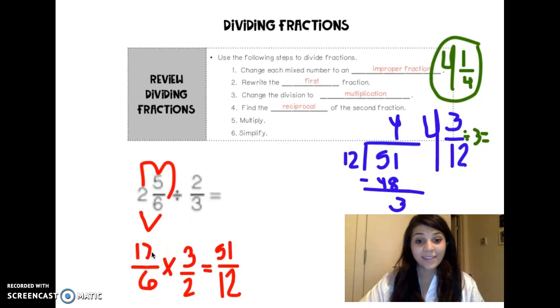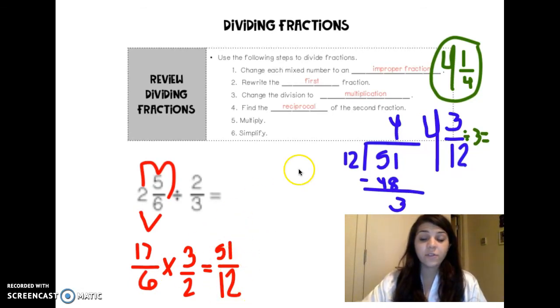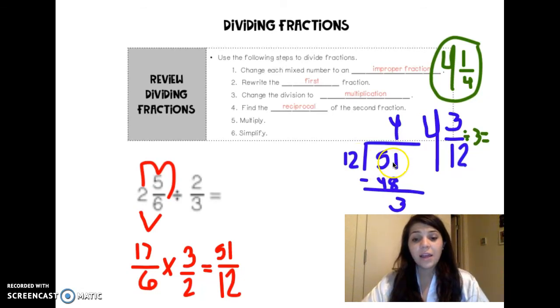When we multiply 17 by 3 correctly, we get 51. And then 6 times 2, which will give us 12. Since this is an improper fraction, we have to then simplify and make it into a proper fraction. So I put 12 on the outside, 51 on the inside, and then I divide in. I know 12 can go into 51 4 times because 12 times 4 is 48.